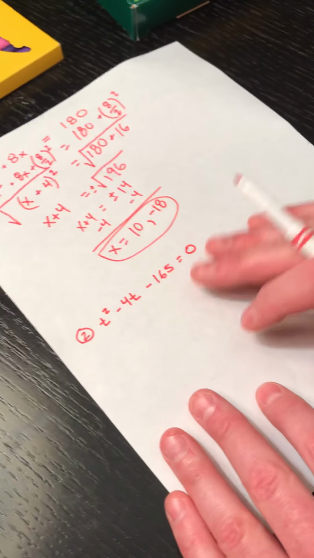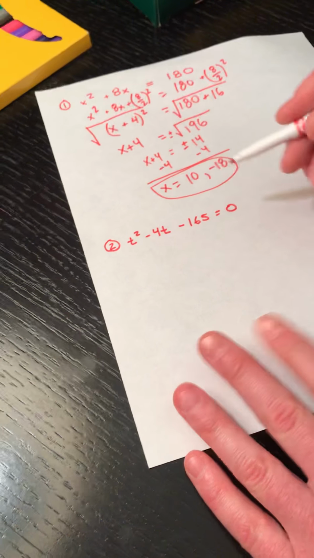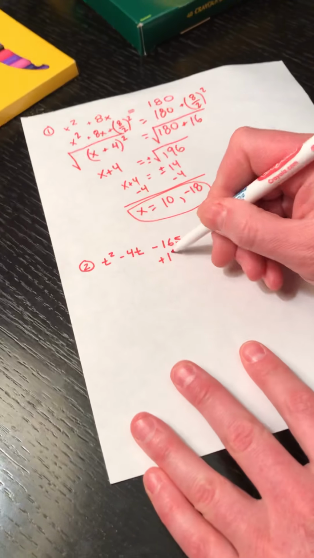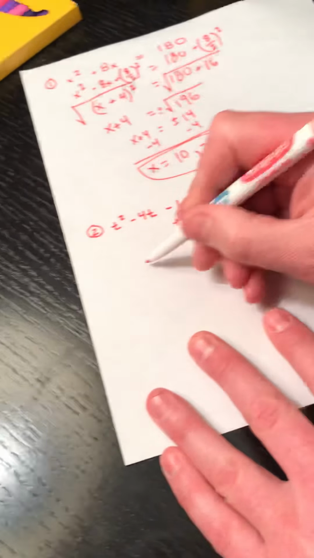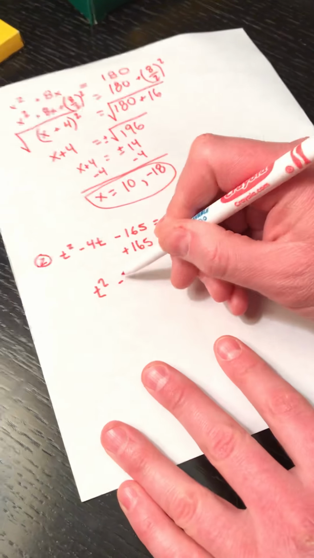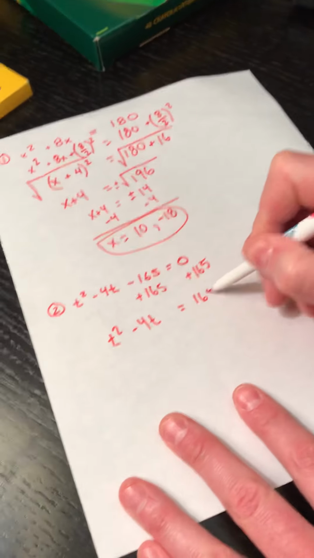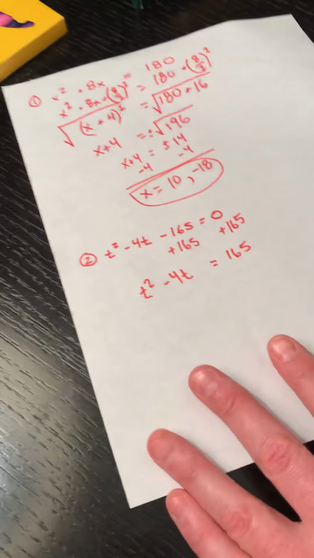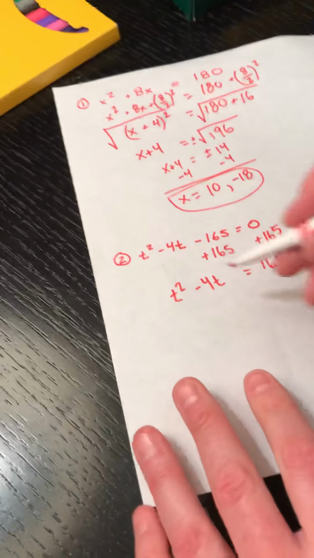Now, for the last problem that I'm going to do, this is on the left-hand side. We need to move this to the right-hand side. So we're going to add 165 to both sides. So now we have t squared minus 4t is equal to 165. Notice how I left this little gap in there. That's because that's where we're going to add that b over 2 squared.